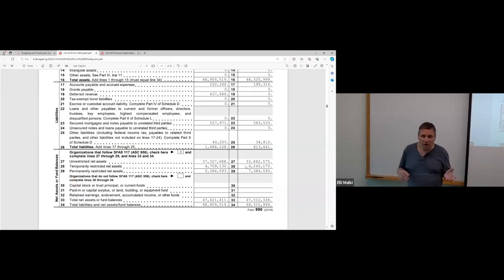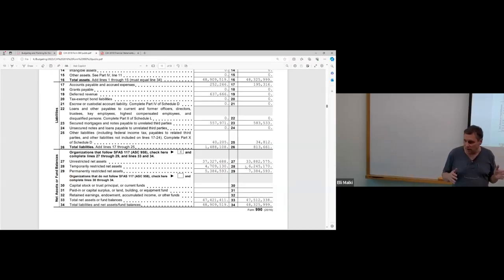one of the unique features of the nonprofit world is that our income is, in many cases, designated, restricted to specific projects, to specific programs. It's not free income that we can do whatever we want with.